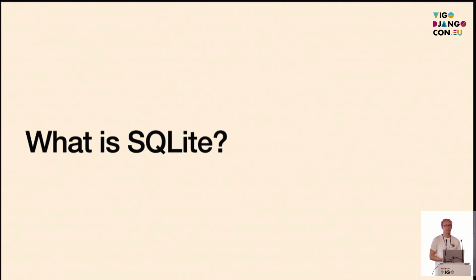It's heavily tested and really, really stable. It's also available anywhere. You can run it on pretty much any machine. It's primarily been used mostly in embedded devices, but as we'll see, it can also work well for use cases where Django comes in, so hosting data for your web application.